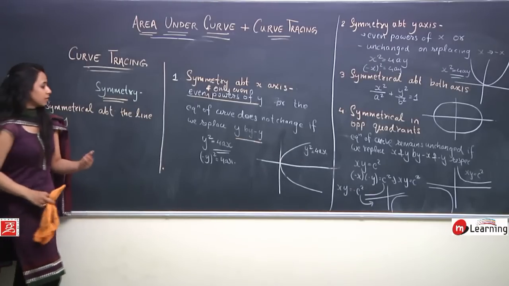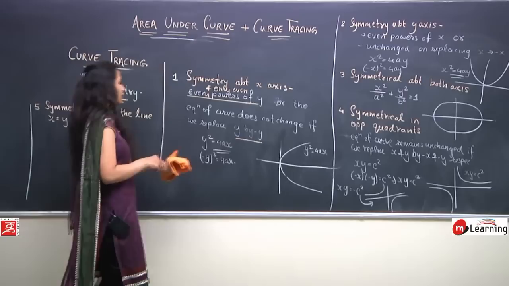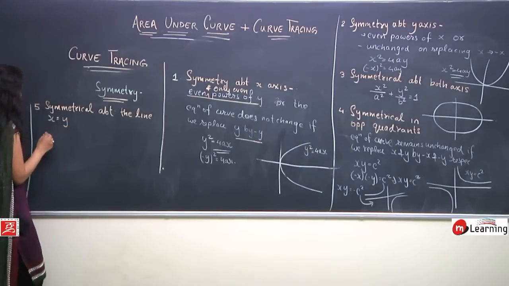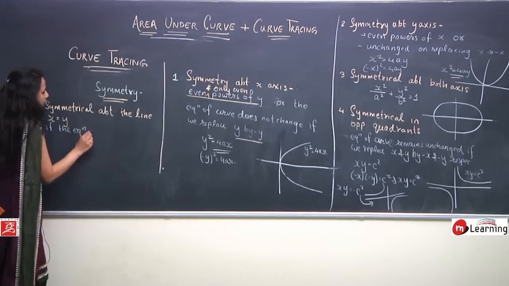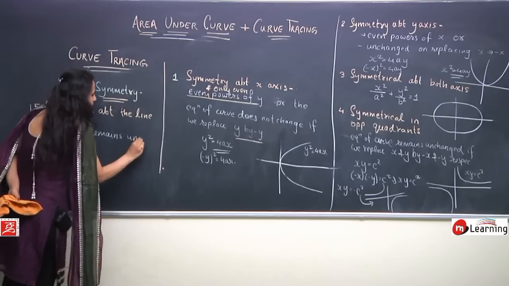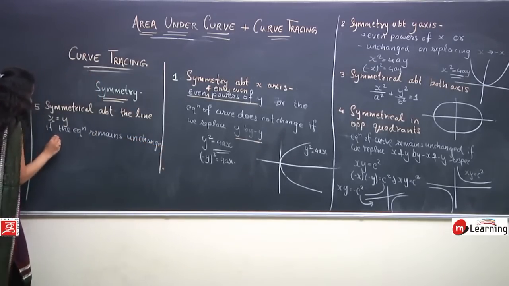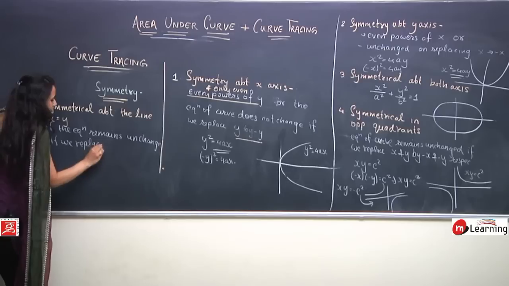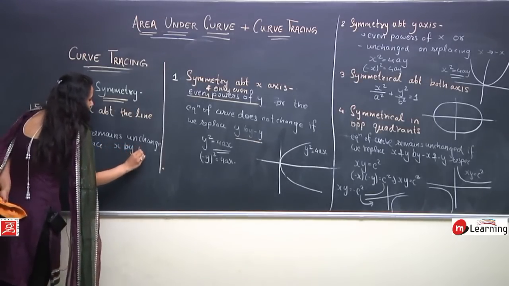To check whether a curve is symmetrical about the line x equals to y, we will say a curve is symmetrical about the line x equals to y if the equation remains unchanged if we replace x by y.